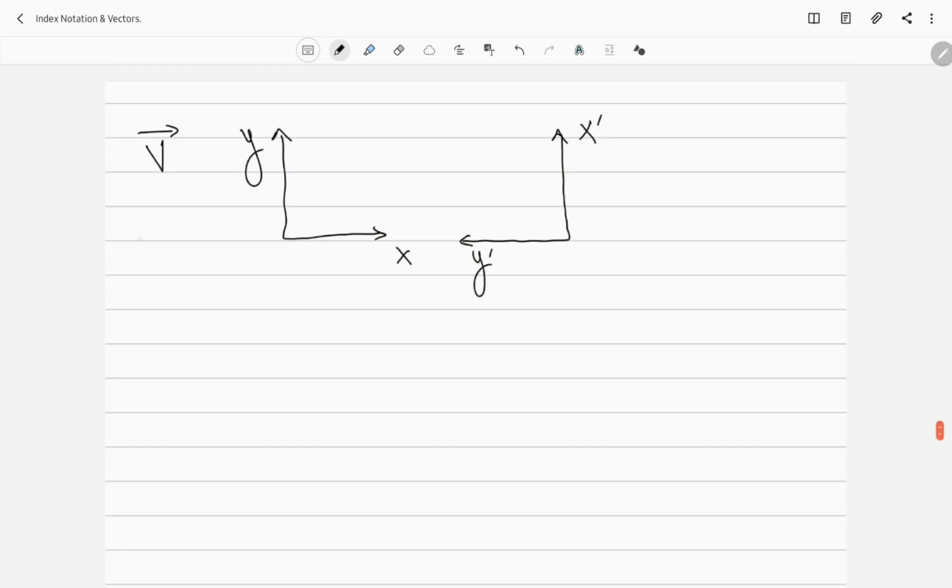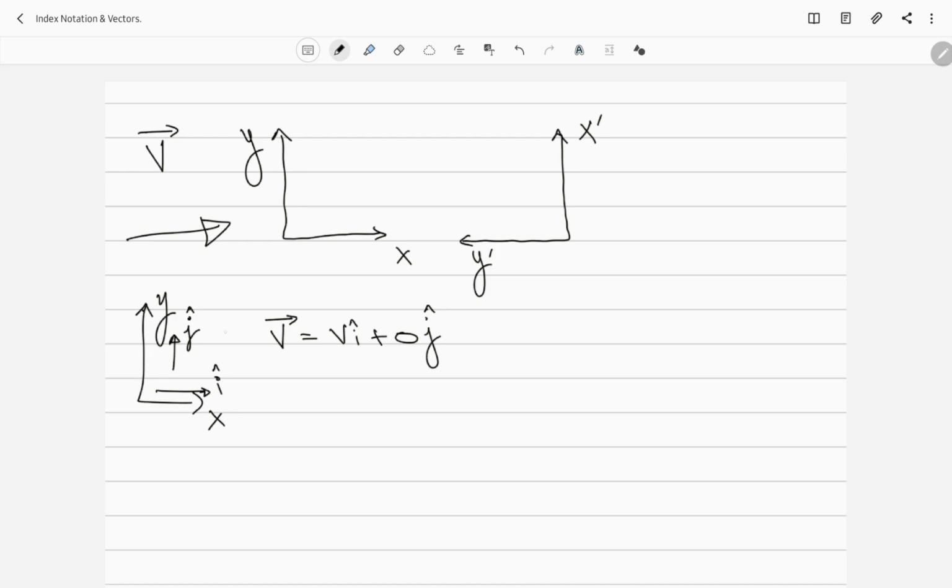First let's consider the first one, x and y. In this you have this basis vector as j hat and this one as i hat. So you can write down your vector v as v i hat plus 0 j hat. Of course, I did not draw this vector v over here. The vector v is in this direction.